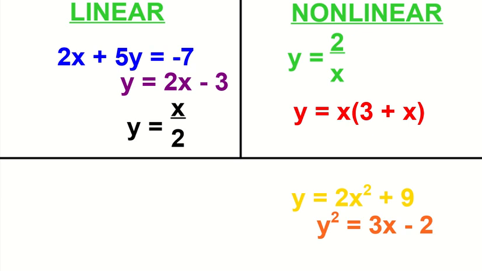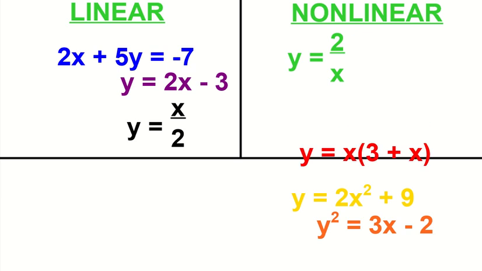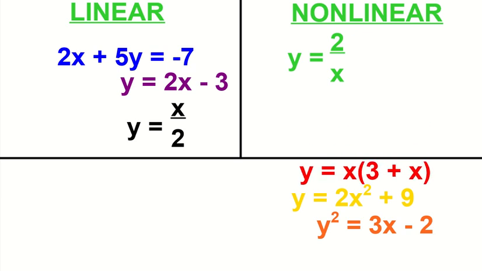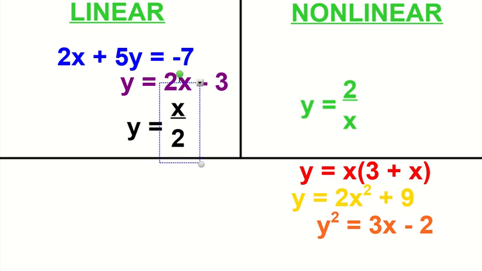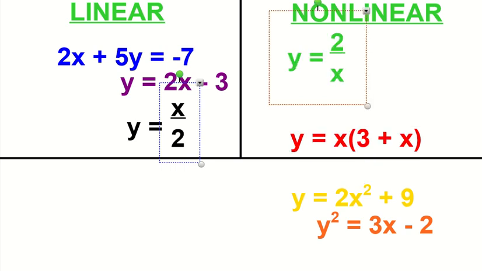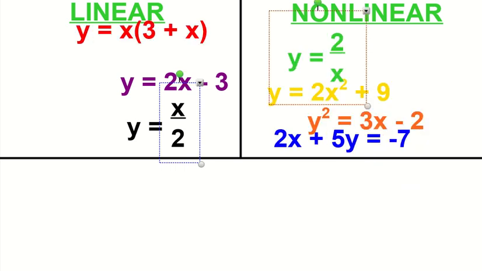You could have y times x times x, y times y. Anything where you have a variable times a variable makes it nonlinear. Variables in the denominator also make them nonlinear. Variables in the numerator, those are okay. Variables in the denominator give us that curved line and make them nonlinear.